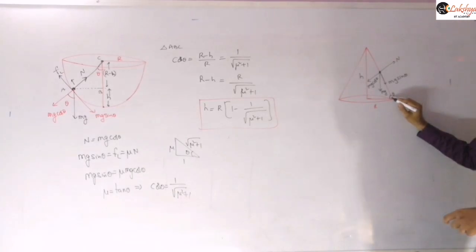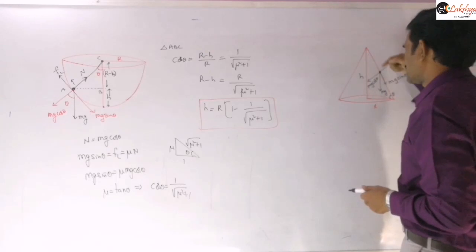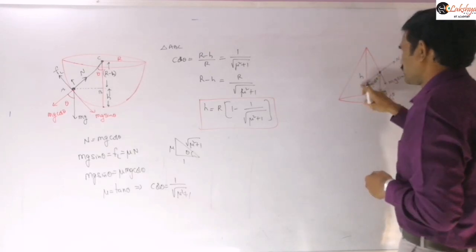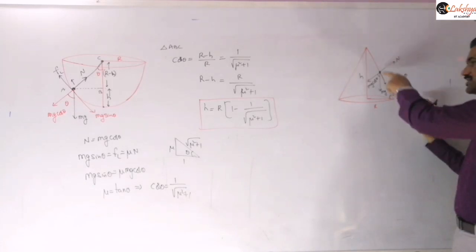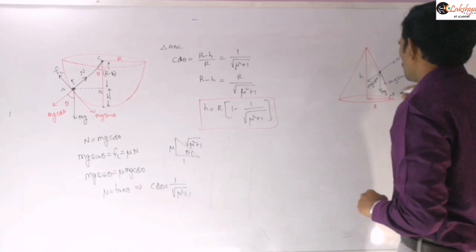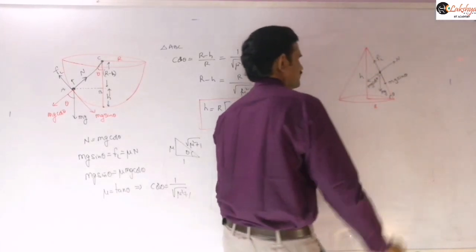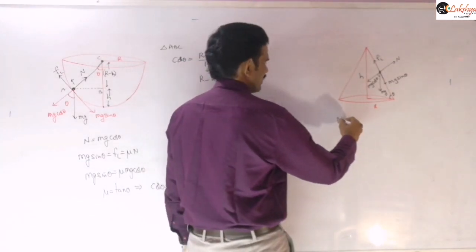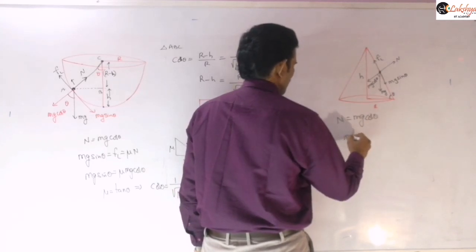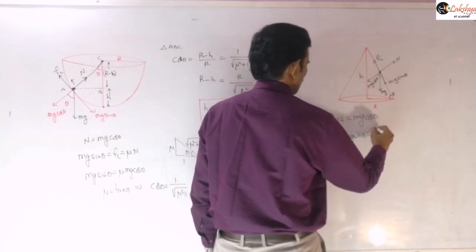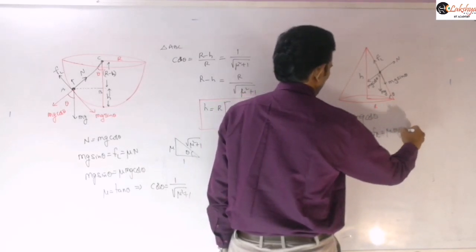With the horizontal, we are taking that angle as theta. So then this will be the component. If you take this angle as theta, then you will get the reverse components. This will be mg sin theta and this will be mg cos theta. The final answer will be the same only. You can assume either this angle as theta or that angle as theta. Then this frictional force will be along this direction here. That will be the limiting friction. So again, N is equal to mg cos theta and mg sin theta is equal to FL, the limiting friction, which is equal to mu into mg cos theta.